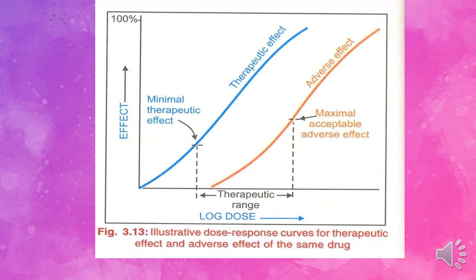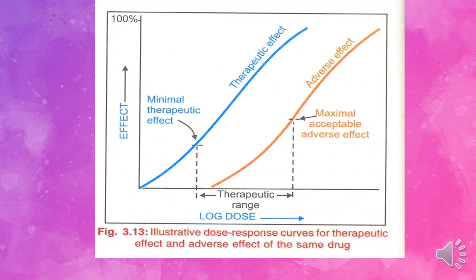How we are getting minimal therapeutic effect, and this is the therapeutic effect. In the same way, we can observe their adverse effects too. At what dose we start getting the adverse effects, minimum adverse effects, and then unacceptable adverse effects.